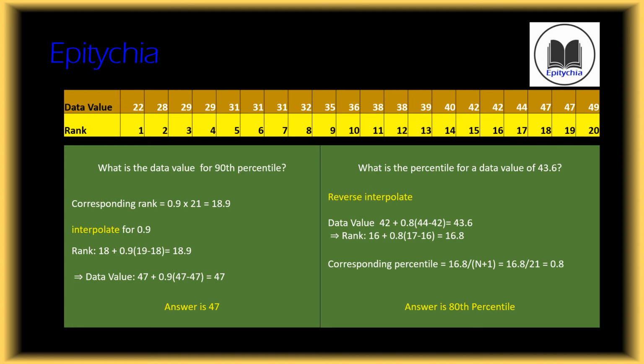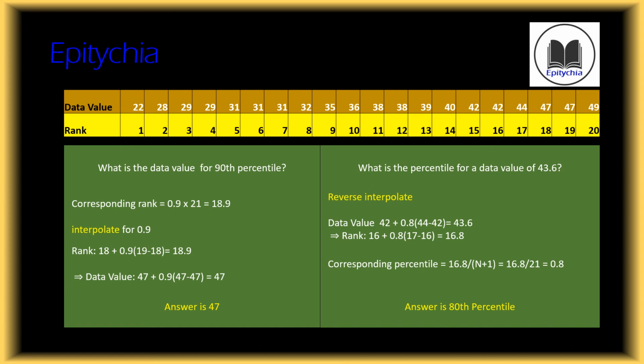Now the next question is, what is the percentile for a data value of 43.6? Here reverse interpolation is to be done. That means the data value is already given, and the corresponding rank is to be calculated.